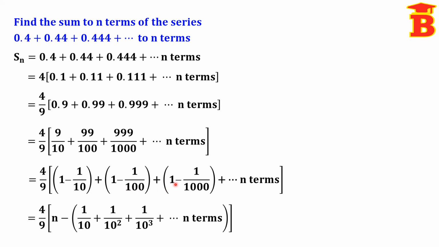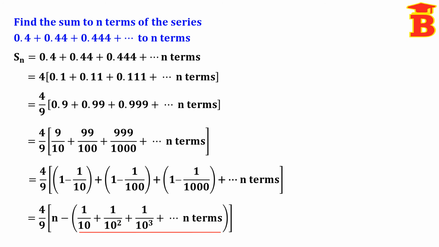Take minus common outside. So minus of, we get the number 1 by 10 plus 1 by 100 is 1 by 10 square plus 1 by 1000 is 1 by 10 cube plus etc. up to n terms. Now for this bracket we can use the GP formula because this is in GP.